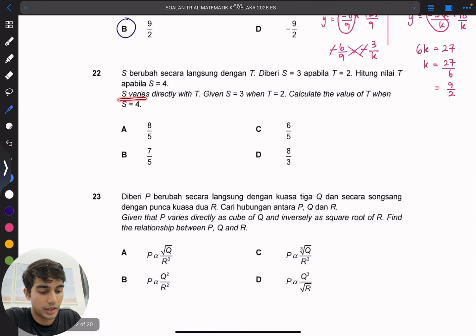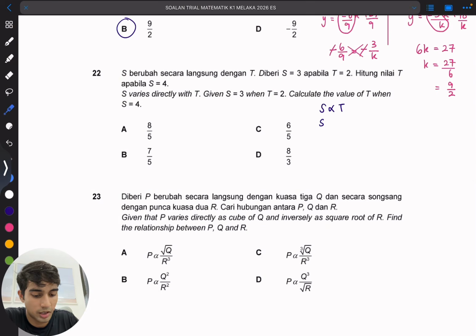22. S varies directly with t. So S is directly proportional with t. Given that S is 3 when t is 2. When you have variation questions, the first thing you have to do is change this symbol to equals k, t.